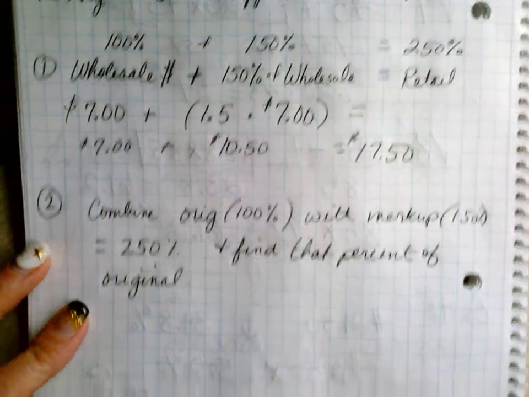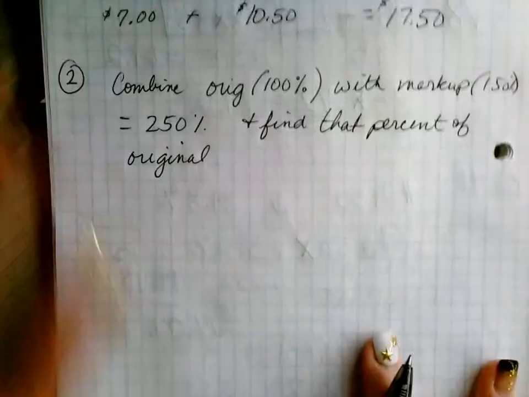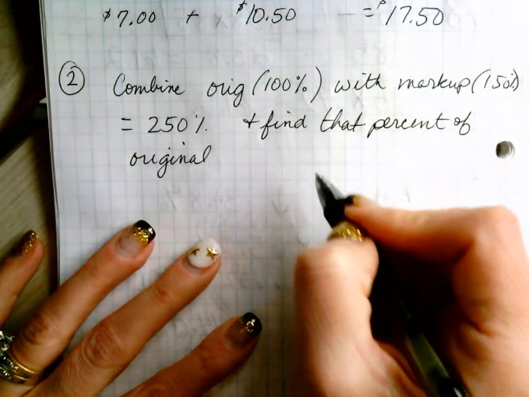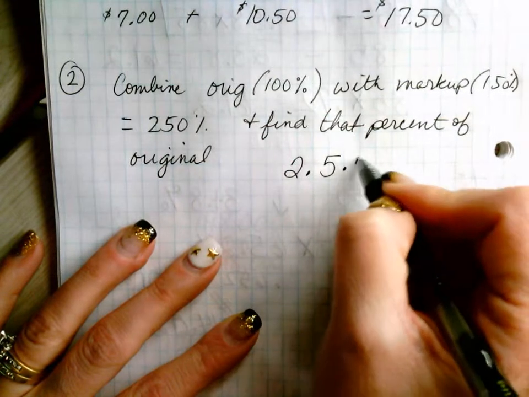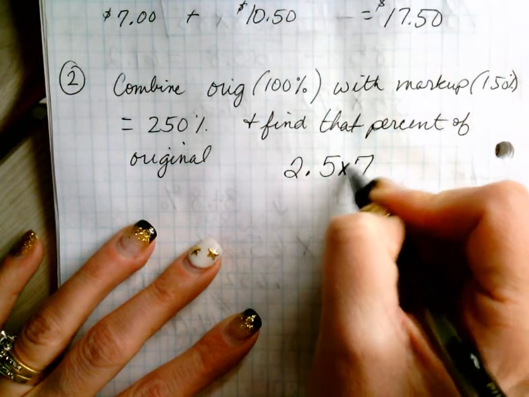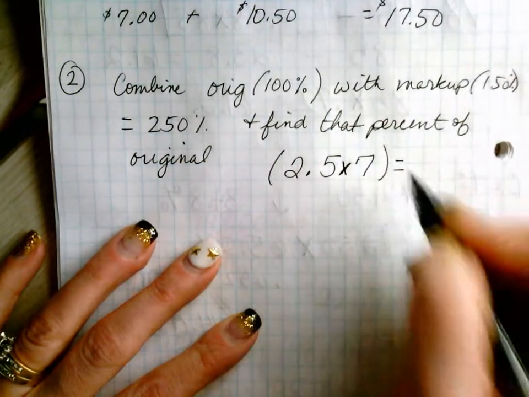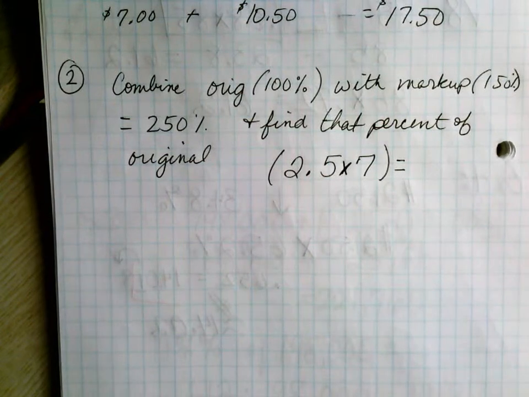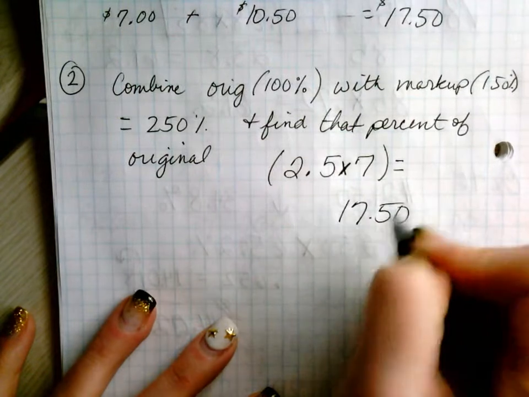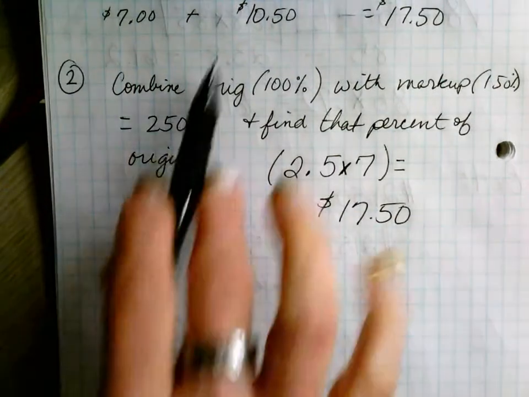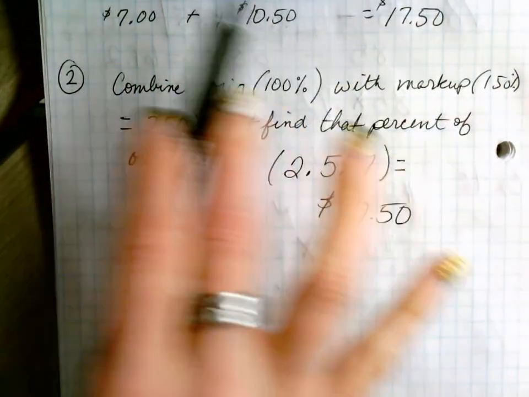Okay? So 100% plus 150 is 250. So if I want to find 250% of $7, I would multiply 2.5 times 7, and you're going to end up with $17.50. This is the way I do these. I don't find the 150% and add it to the original.